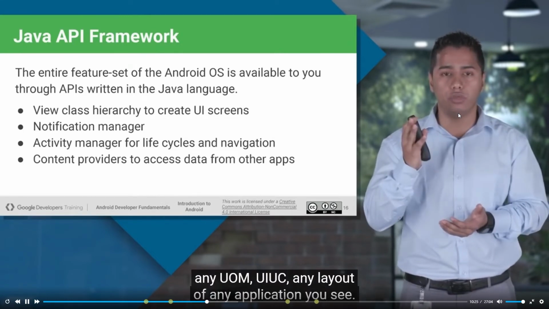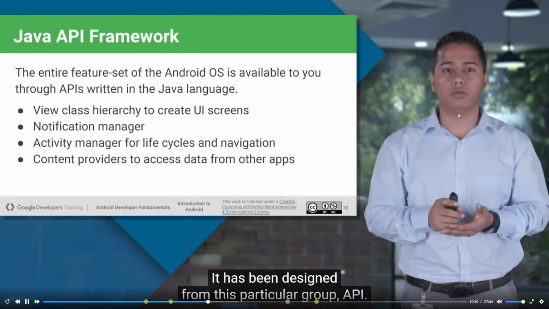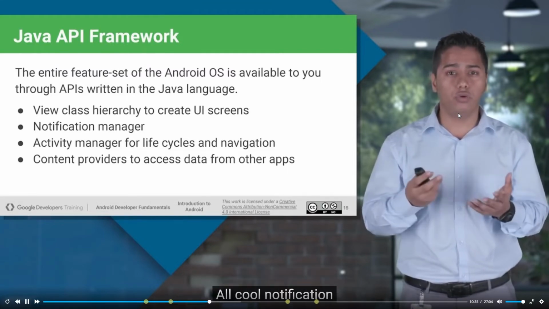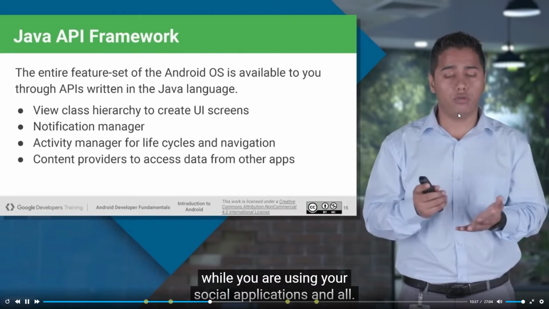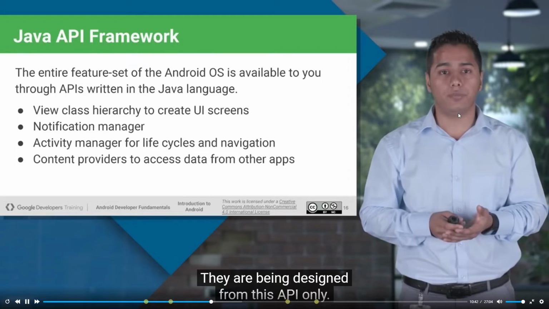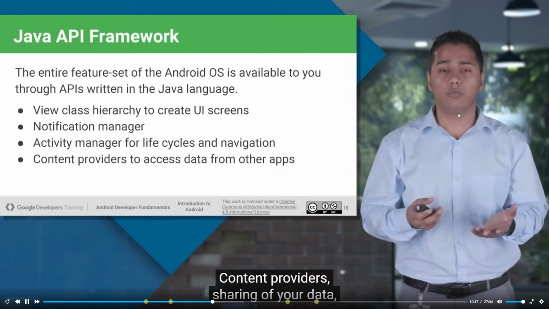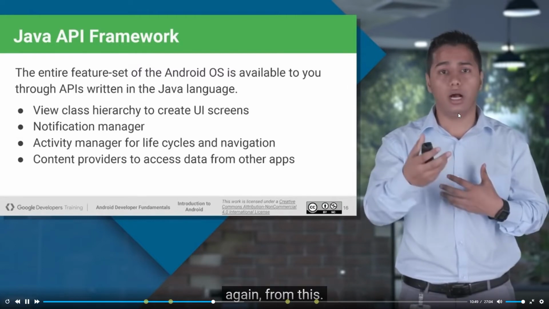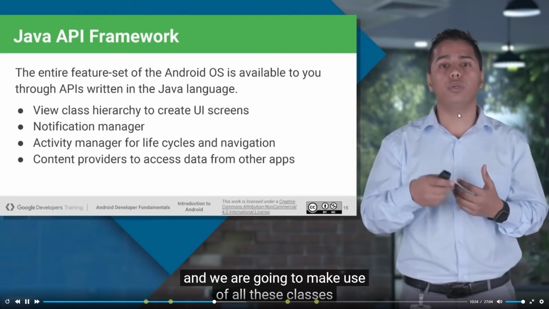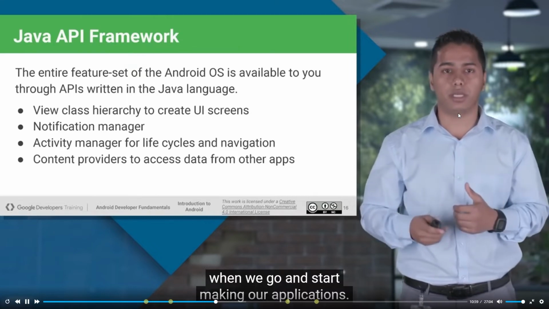Any UI or layout of any application you see has been designed from this particular API. You have the notification manager. All the cool notifications you see while using your social applications are designed from this API only. Your activity manager, all the screens themselves, are designed from this. Content providers, sharing of data, again from this. There are a lot more classes in the Java API, and we are going to make use of all these classes when we start making our applications.